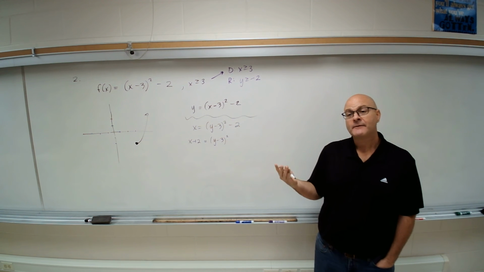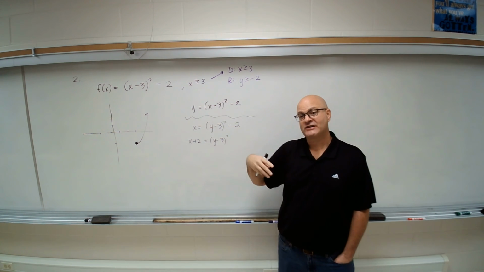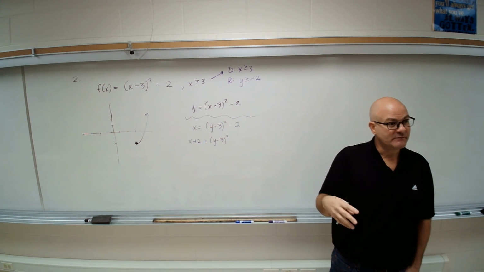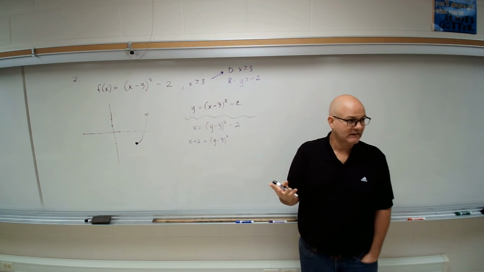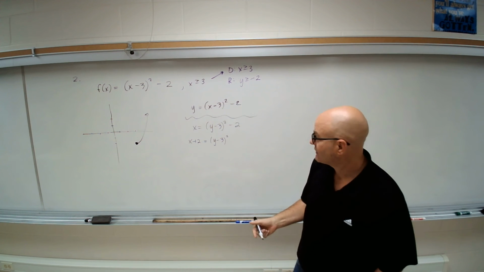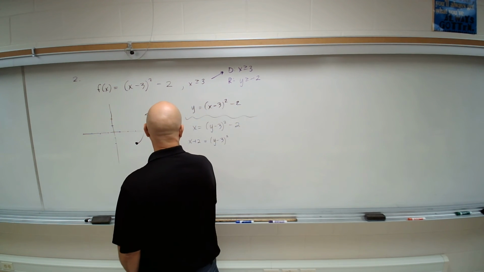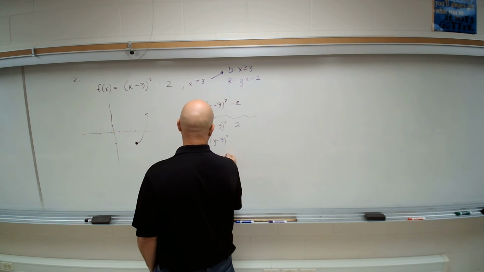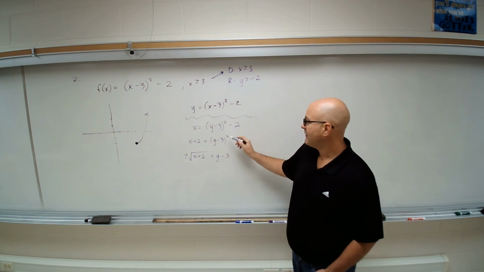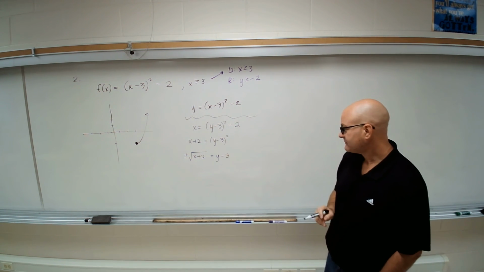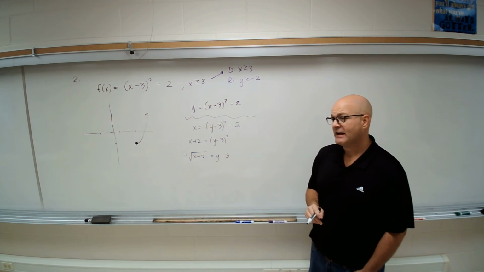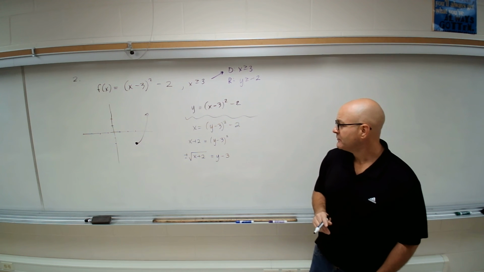And this is where, if we didn't have a domain restriction, as soon as we square rooted and said, hey, I need a plus or minus sign, we'd be thinking, that's not going to be 1-to-1. But we'll just write it here for now and we'll investigate what we want to do. So we square root both sides, and we get y minus 3 equals plus or minus the square root of x plus 2.